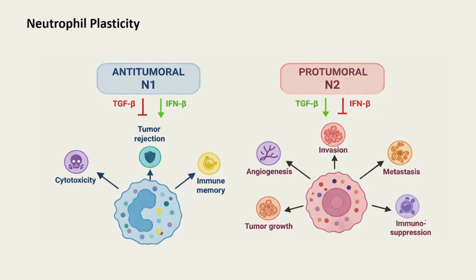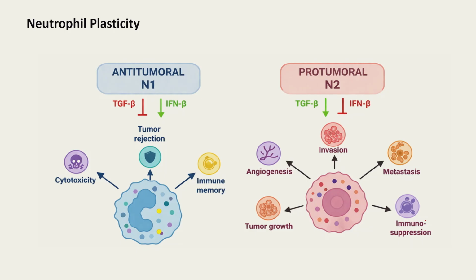So when we try to see what are the different types of cells present when we talk about neutrophils, neutrophils are divided into two types called N1 and N2. N1 is anti-tumoral, which is good, and N2 is pro-tumoral. That means they can support tumor progression.